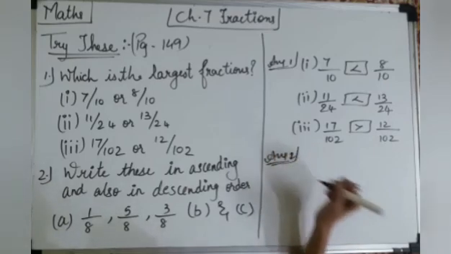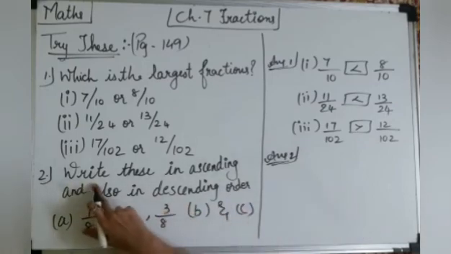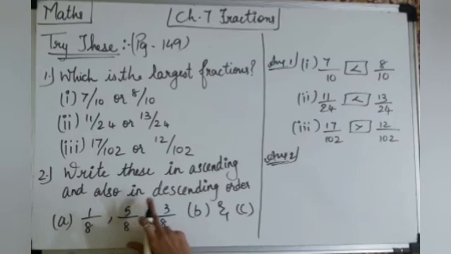Question number 2. Write this in ascending and also in descending order. So they have given 3 fractions. We have to write in ascending and descending both.